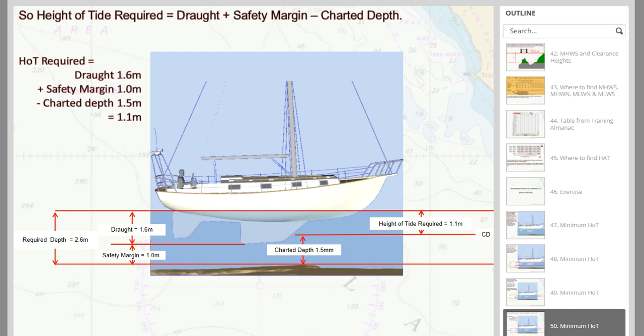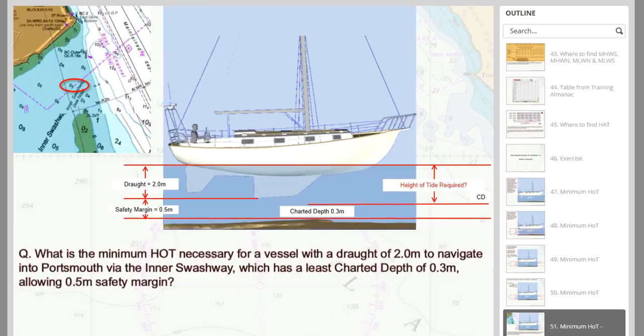Now attempt this question. What is the minimum height of tide necessary for a vessel with a draft of 2 meters to navigate into Portsmouth via the inner swashway, which has a least charted depth of 0.3 meters, allowing 0.5 meter safety margin?